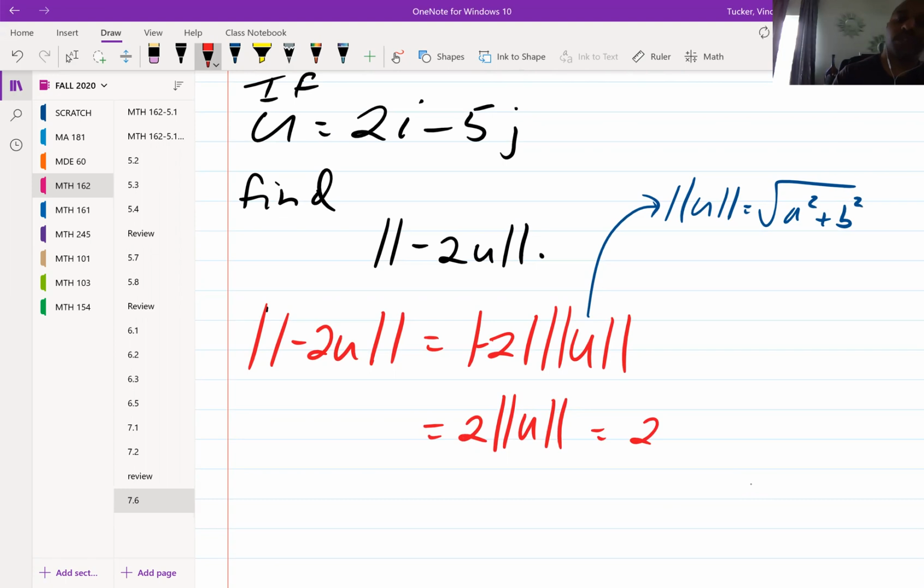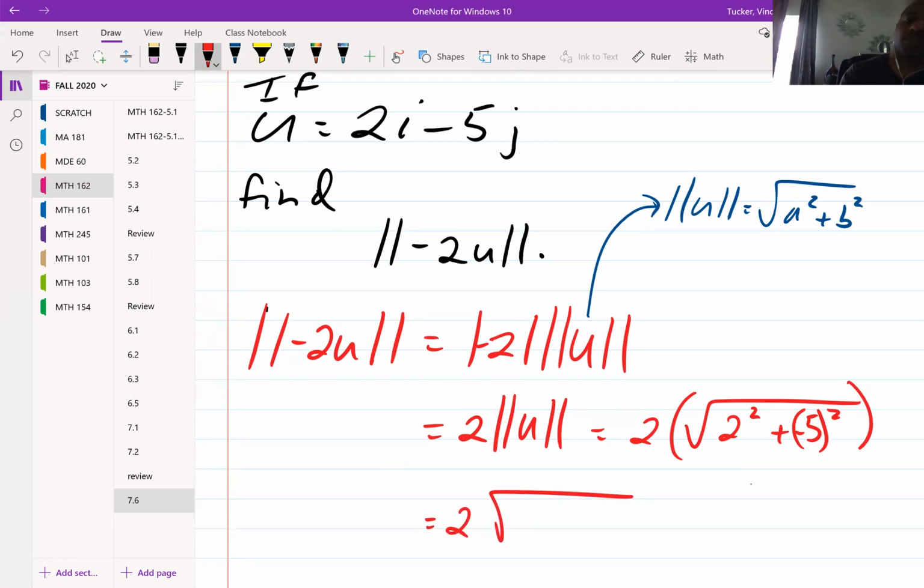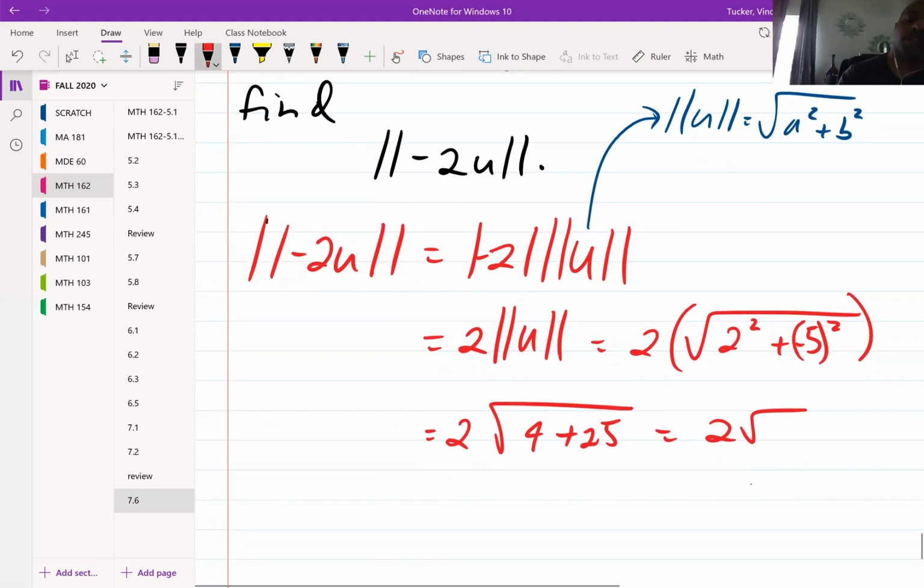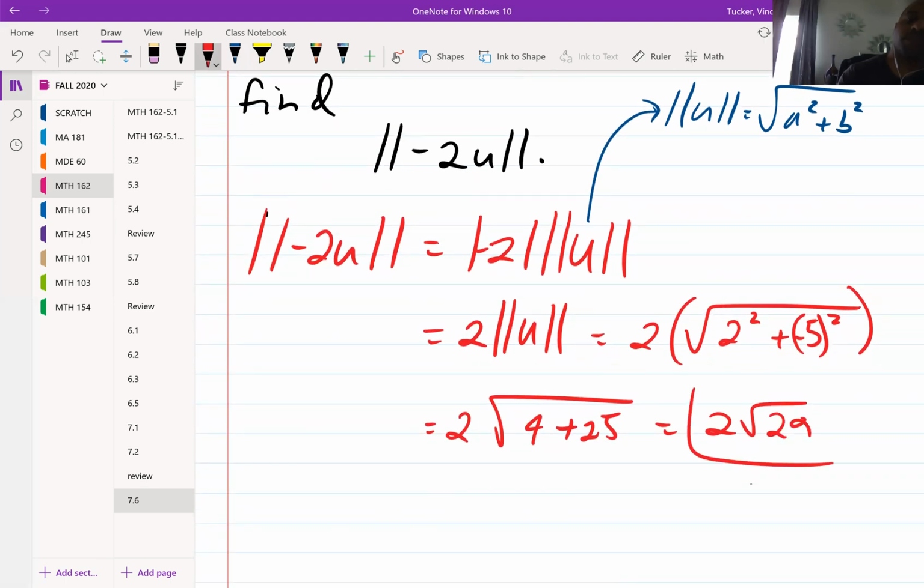So that's 2 times the square root of 2 squared plus negative 5 squared. So that's 2 times the square root of 4 plus 25. So it'll be 2 times the square root of 29. And that would be that for you.